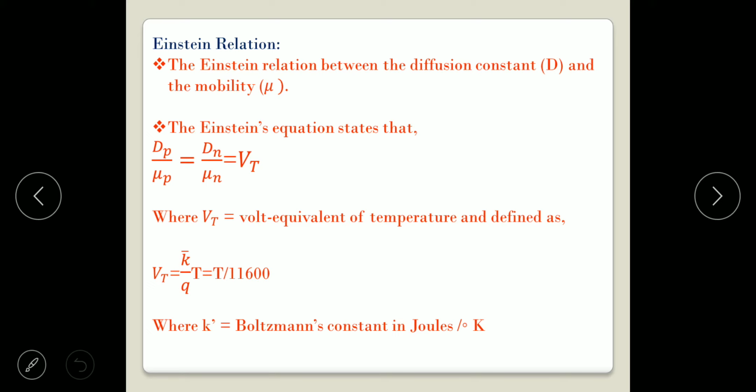So the Einstein relation is established between the two parameters, that is diffusion constant D and mobility mu.